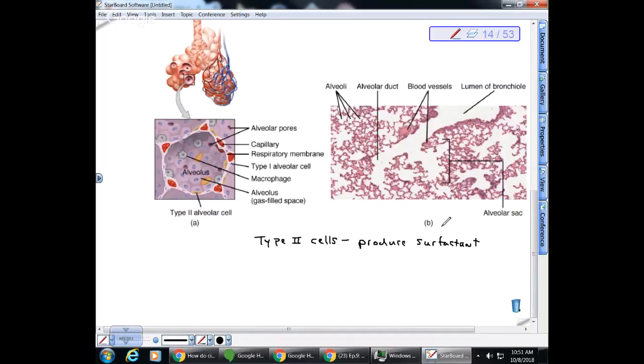And what this surfactant does is it decreases the surface tension of water. So these membranes have to be moist, and sometimes the water molecules are so attracted to each other that they create the surface tension that causes the alveoli to collapse.